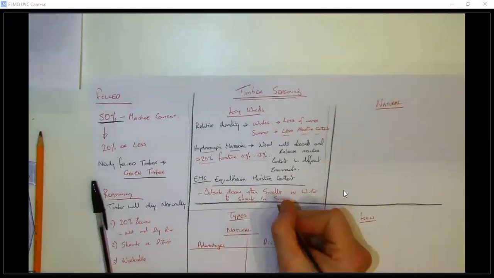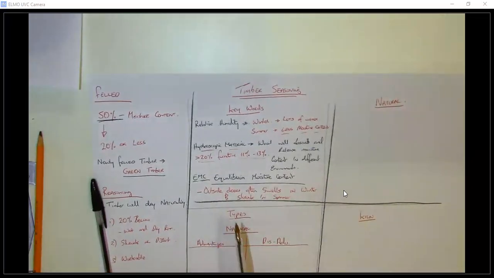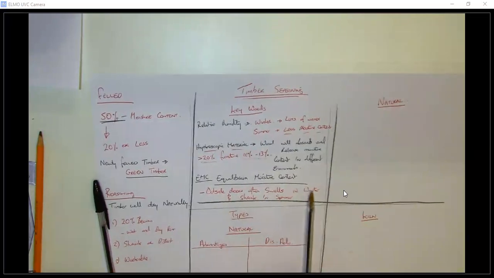If you think of equilibrium moisture content, think of your outside door in your garage or anywhere outside. In the winter, guys, outside doors often stick, because the wood takes on all that moisture in the air and it increases in size. So when you go to close the door, it'll often be getting stuck.